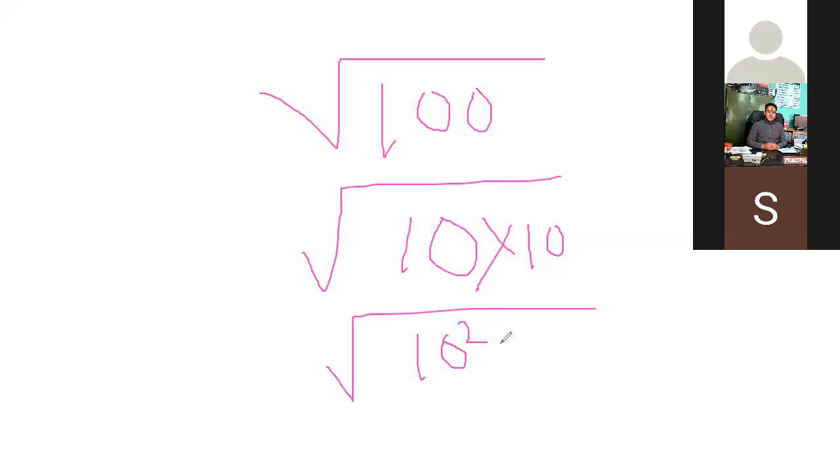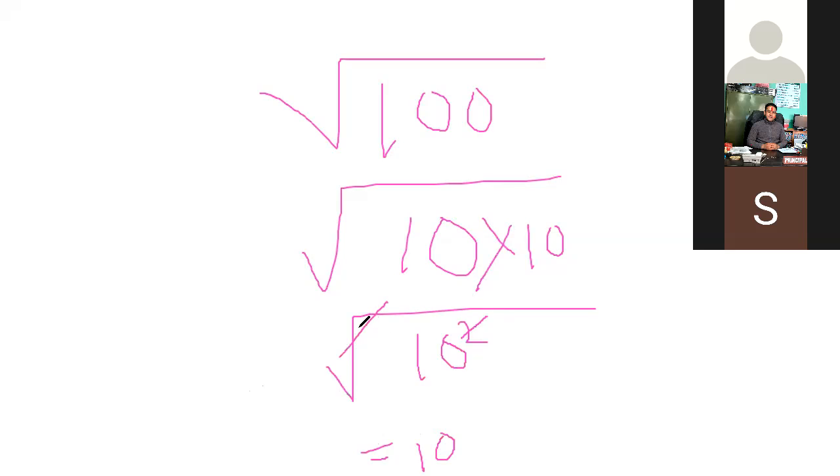Since this is square, remove this and we'll get 10. But how can we remove this square root sign? Because here is square. That means this square and this root will be cancelled, so 10 will be left.